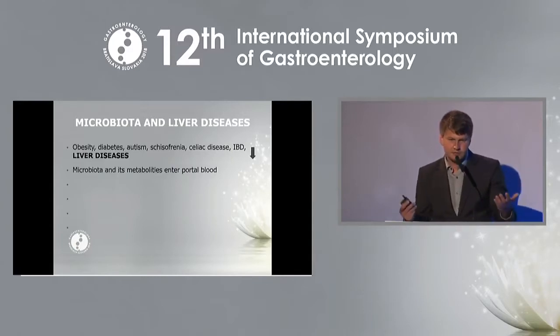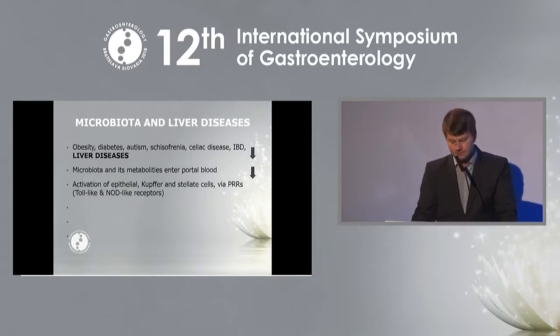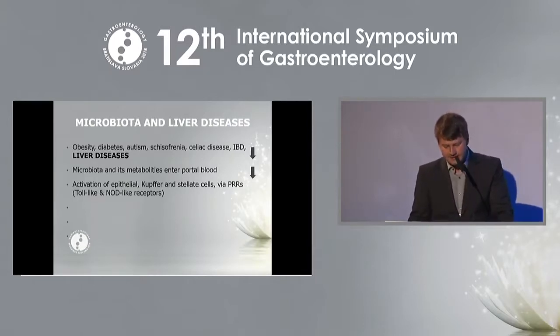So why should we even bother looking at the microbiota in the liver diseases? We have to realize that the microbes themselves and their metabolites and antigens are streaming through the portal blood and leading to the activation of various receptors on the liver cells, including the Kupffer and stellate cells via pattern recognition receptors.